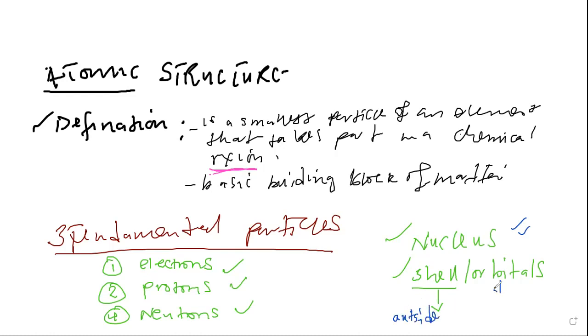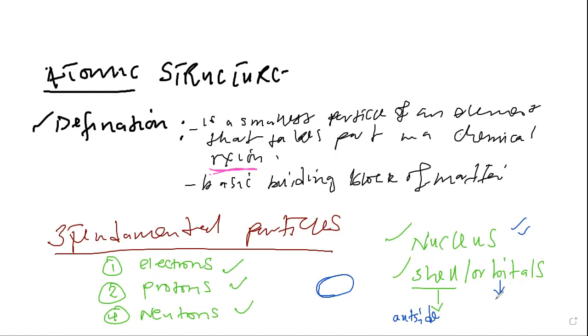Then orbital. This means that this shell is a concentric ring, a round-like thing like that. Now this orbital means it orbits.